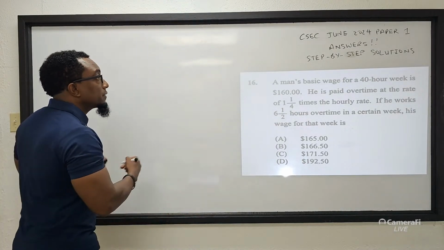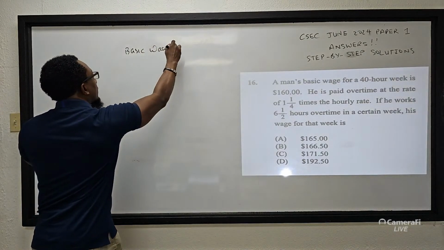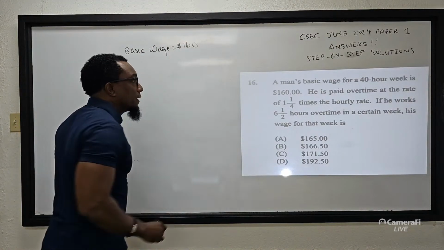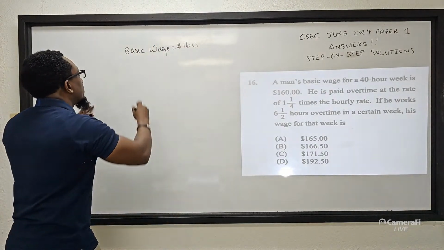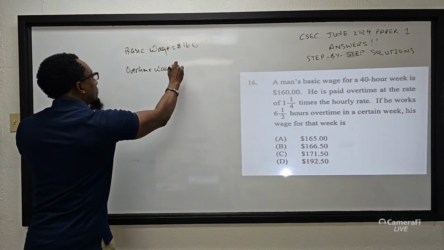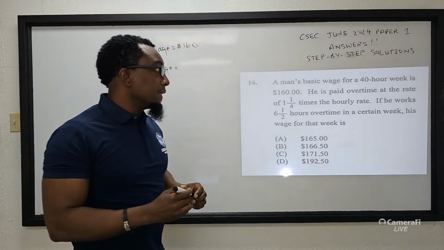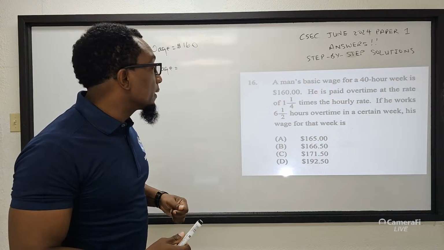So we know his basic wage, which is $160, and what we want to do is to determine his overtime wage. And once we calculate that, then we can determine his total wage for the week.